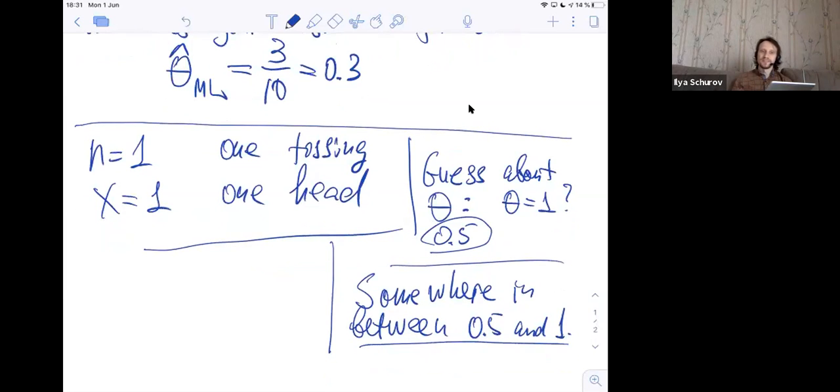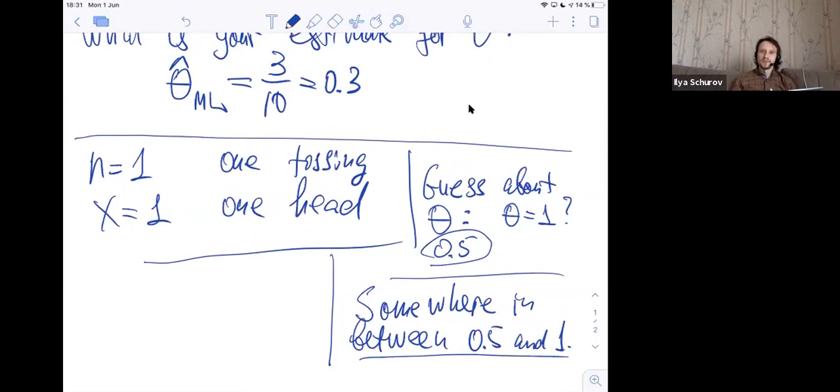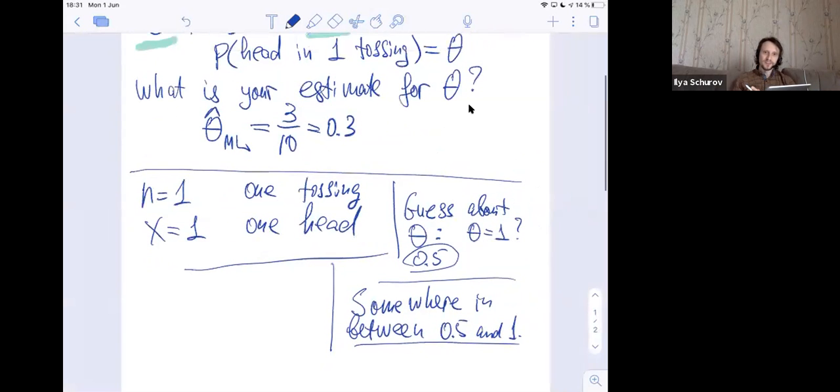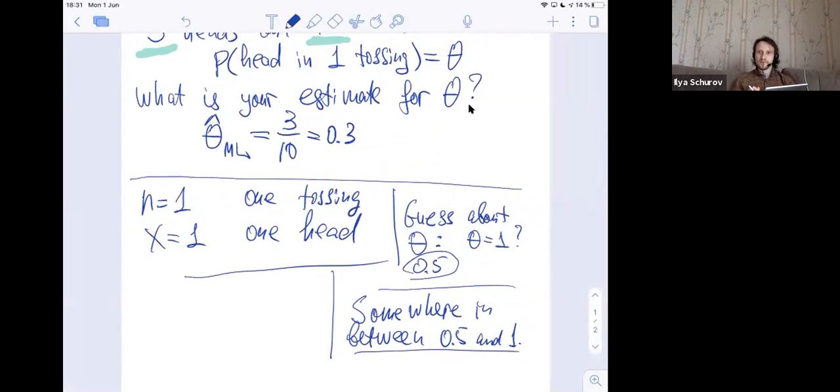To say that your best guess about theta is 1 is just to say that you really believe that this coin is such a special coin. I heard some stories about people in prisons who can create such coins for some gambling purposes. But basically, what is your belief that I can produce this coin? Actually, it is possible. Yes, probably I bought this coin especially to troll people at probability theory classes.